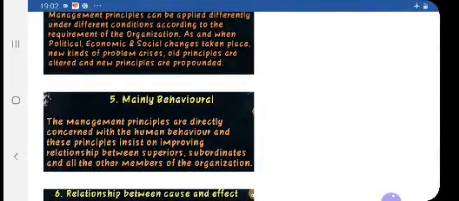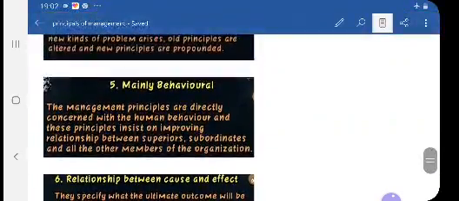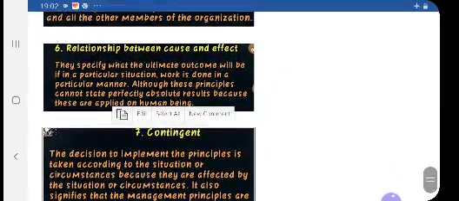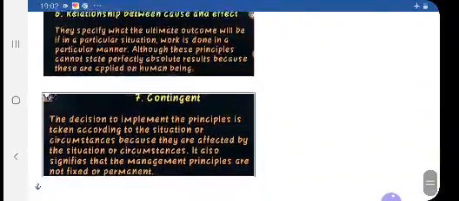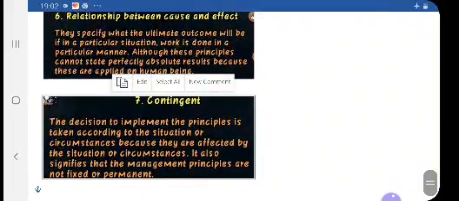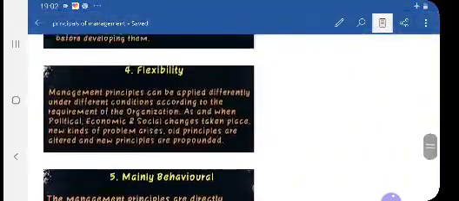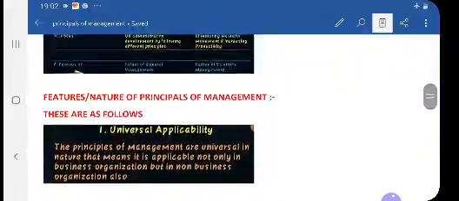Fifth, it is mainly behavioural, means depends on behavior. It is applied on human beings. And relationship between cause and effect, every cause has its effect, may be positive, may be negative. And the principles of management are not fixed or permanent, it depends upon the situation. It is not mandatory to follow the principles of management.